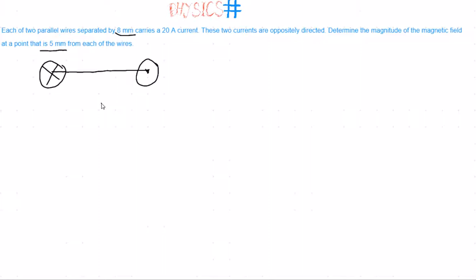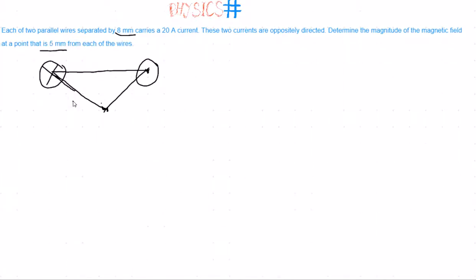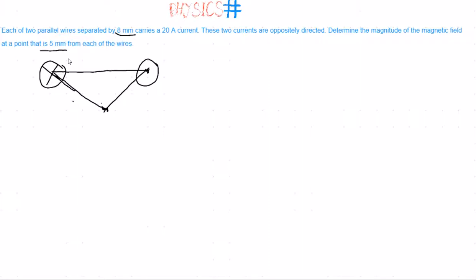If we connect the midpoint between the conductors with this point where we're measuring the magnetic field, and the other conductor as well, we basically form a triangle. The distance between the conductor and that point is 5 over here.